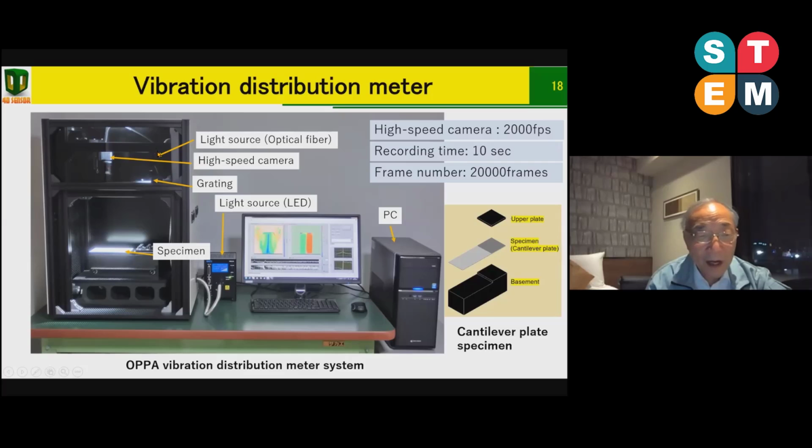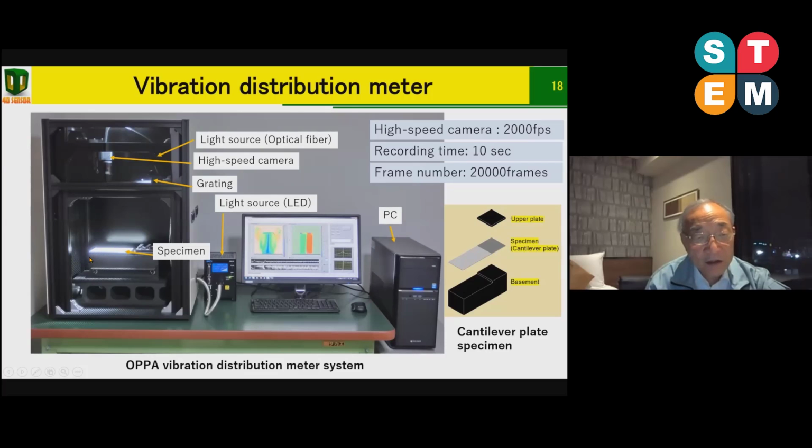In the optical fiber, each thread is aligned in linear. Then we can obtain a very thin linear light source. By using this light source, here is a grating. The grating shadow is projected on this specimen.